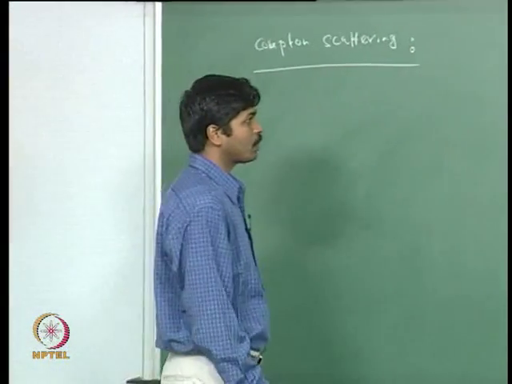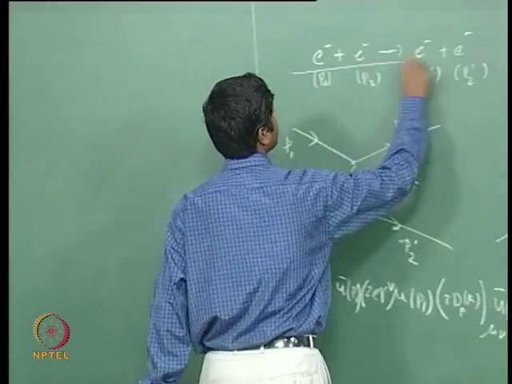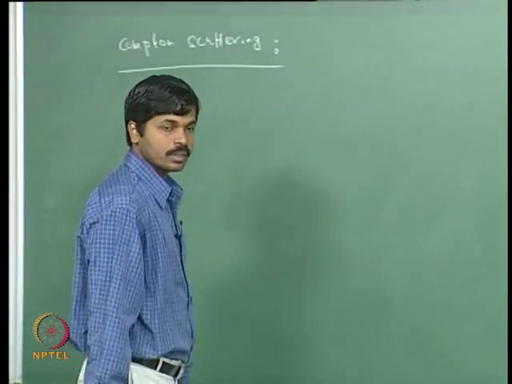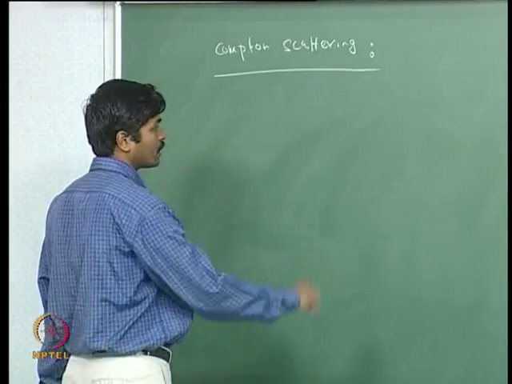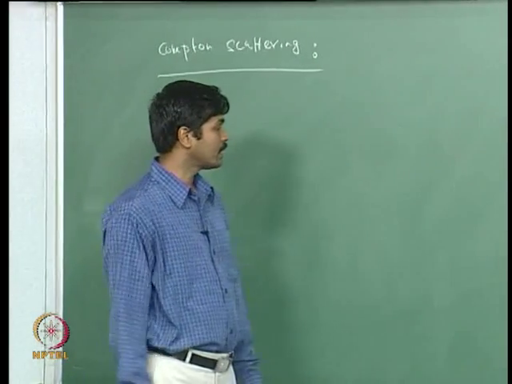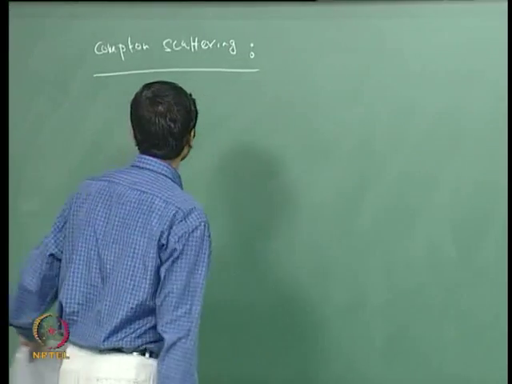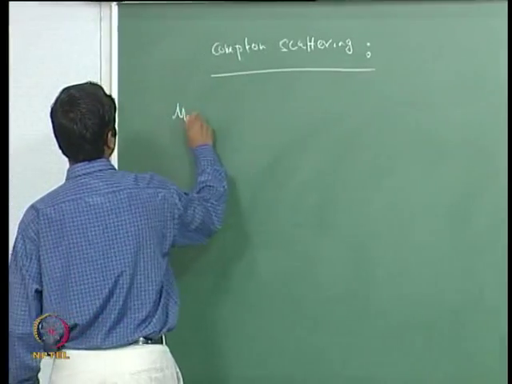Then we will follow this process, electron scattering, and I will compute the amplitude at lowest order for this process as well, and then we will see how to do that. So let us look at the amplitude M here.